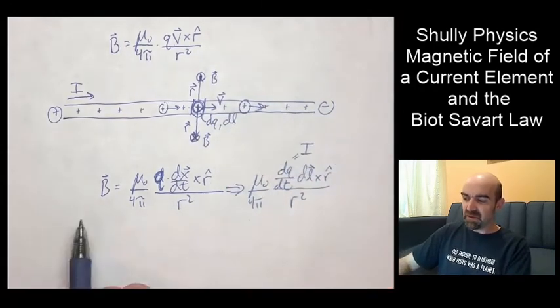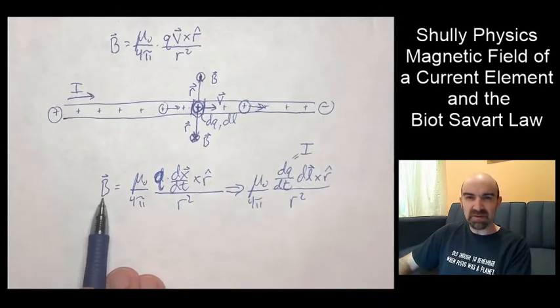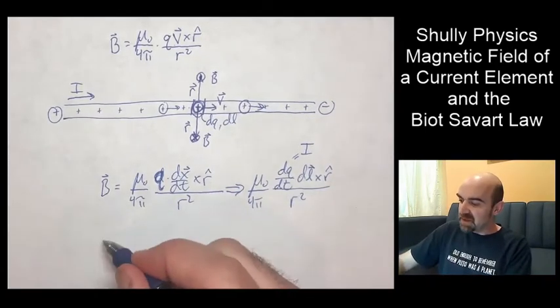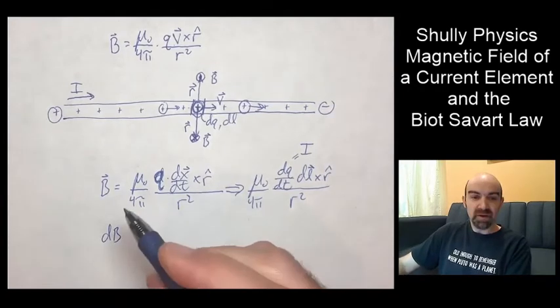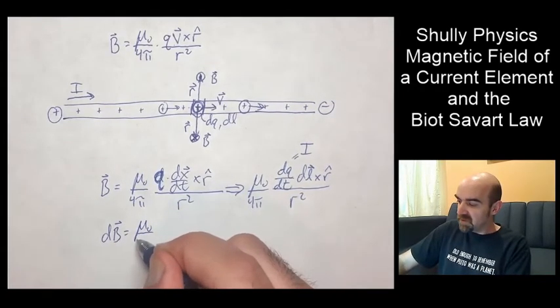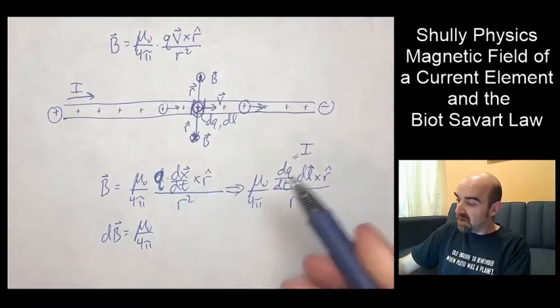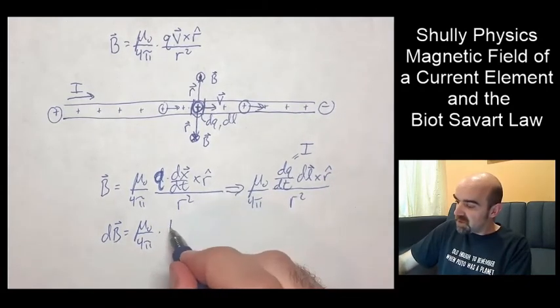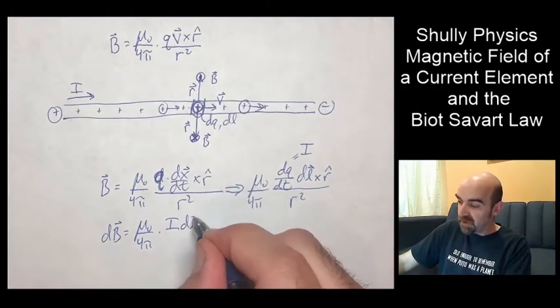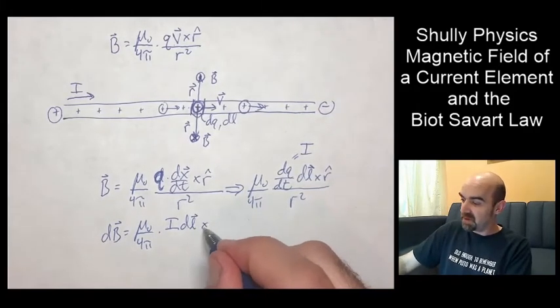So the magnetic field over here isn't just a single magnetic field from a little piece, it's a little part of the magnetic field from the current flowing through a small part of the length of the wire.